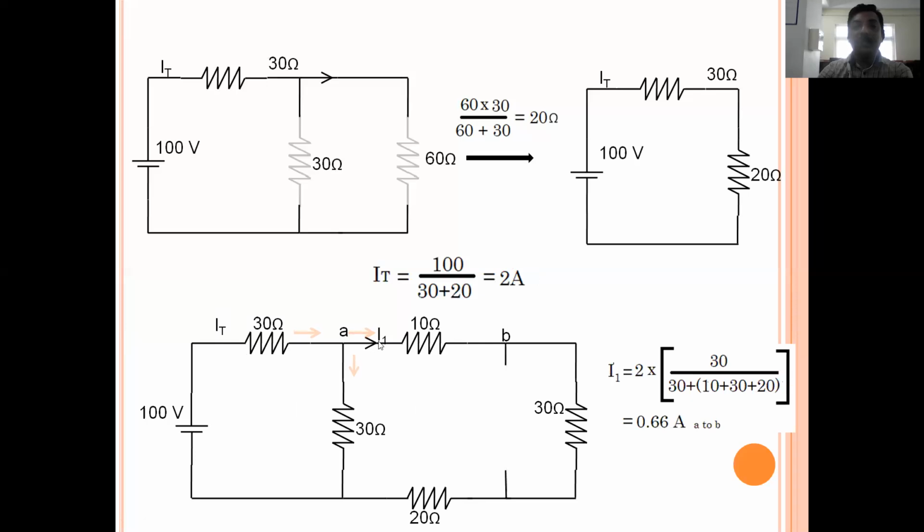So I1, the current flowing through this path, is equal to the total current 2 multiplied with the resistance in the opposite path, that is 30 ohm, divided by the total resistance, that is equal to 0.66 amps. In which direction? From A to B. That also we need to identify, then only we can calculate the algebraic sum. So I1 is equal to 0.66 amp in the direction from A to B.